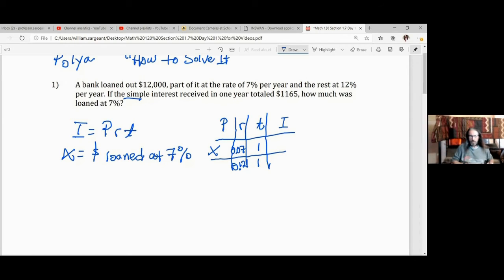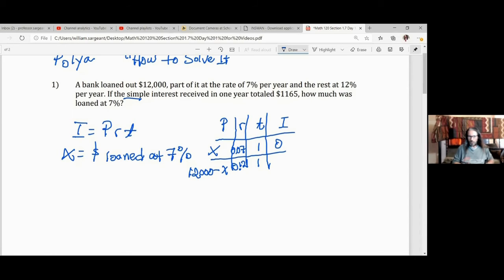That would have to be the starting amount of 12,000 minus what we're taking away, x. There's no guarantee that those two things are the same. We have no guarantee that it's 6,000 and 6,000, as some people try to do. Using the formula, multiplying across, multiplying by 1 is not going to change anything.